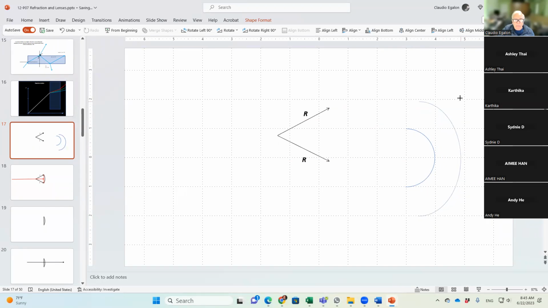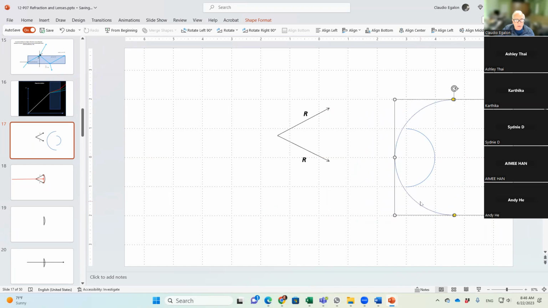Right in here. Okay, and now this is a biconvex lens.